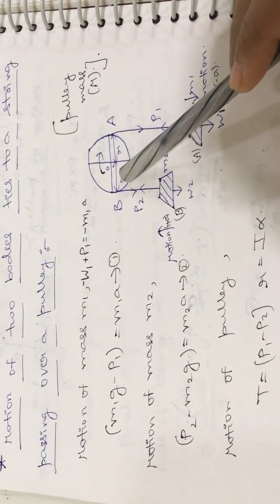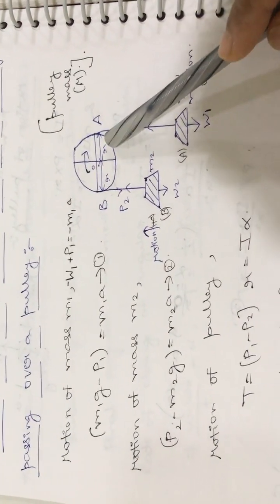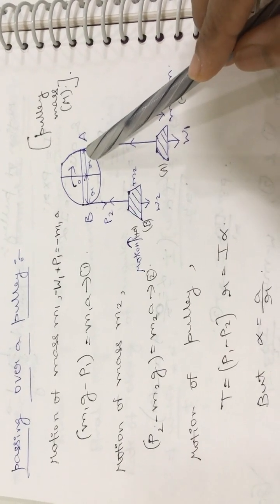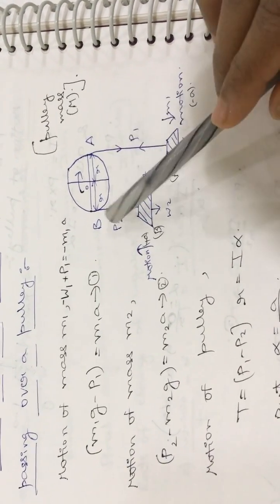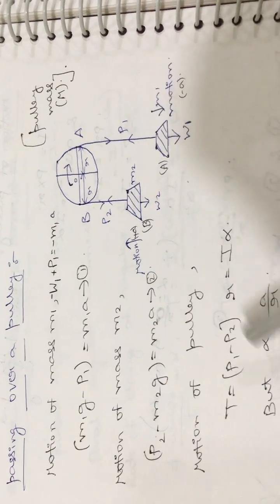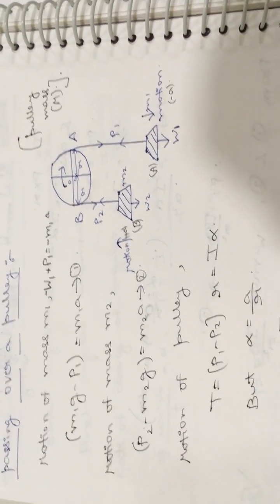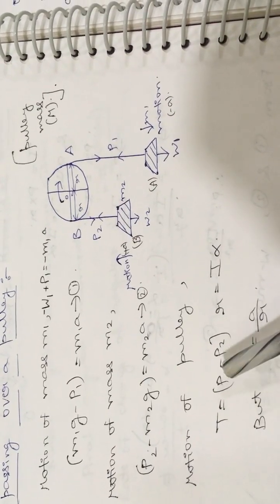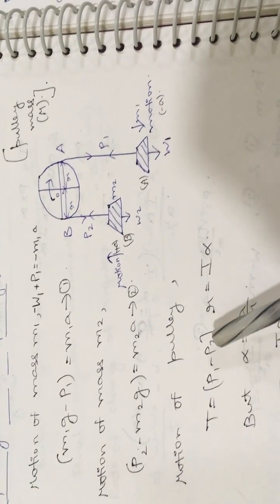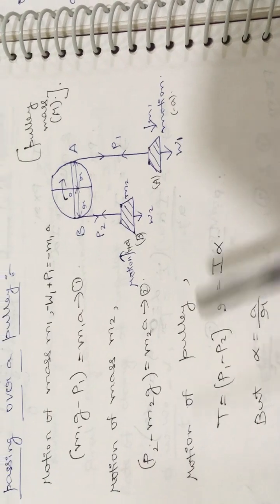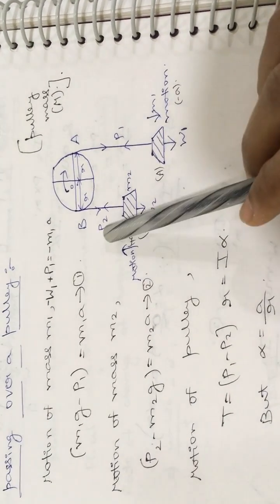Now consider the motion of the pulley. So here as it is rotating in the clockwise direction, you will get the torque concept. So here as two forces are there, we will get two forces in place of the force value. The torque formula is equal to force into perpendicular distance. So in place of the force you will get two forces in terms of P1 and P2.